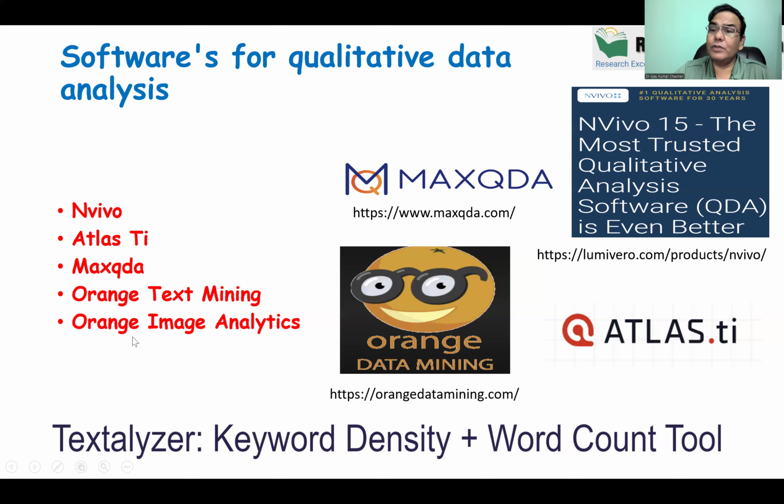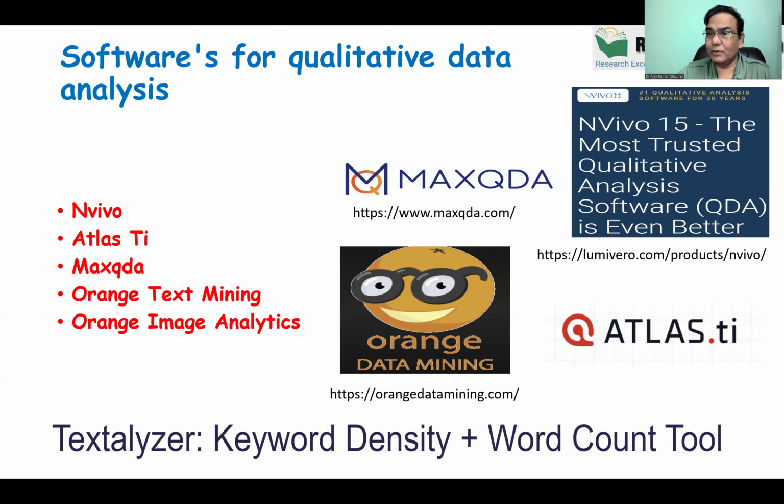Similarly, if you are working on image or picture data, like pictures from Instagram, you can analyze this data set with the help of a very updated algorithm. The name of that algorithm is image embedding.